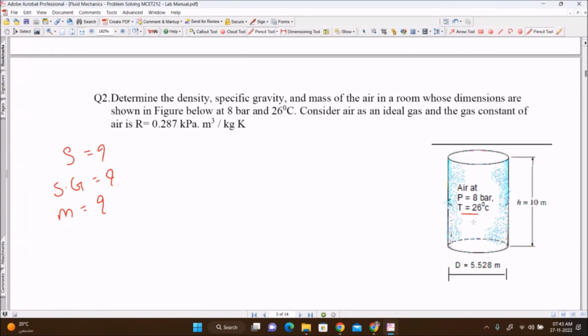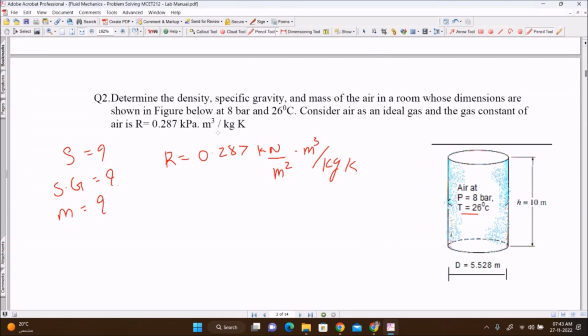Consider the air an ideal gas, and the gas constant of air is given as R equal to 0.287 kilopascal meter cube per kg Kelvin.